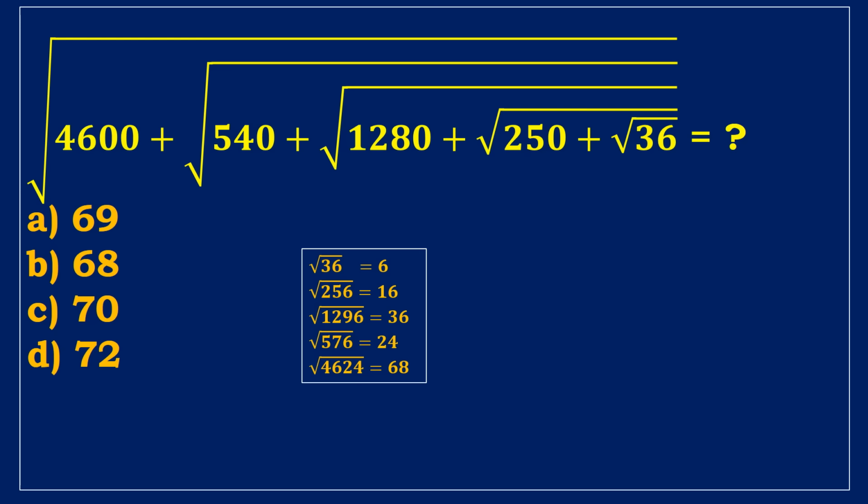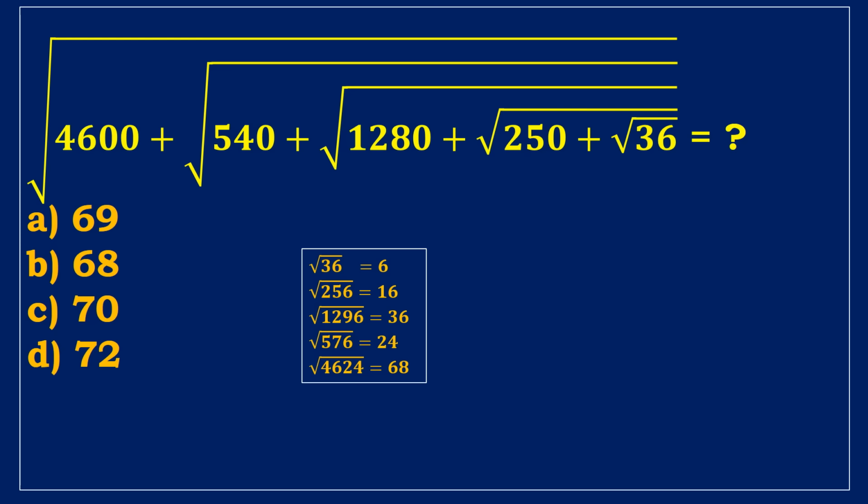The square root of 256 is 16. Then it is added to 1280, and the value becomes 1296. The square root of 1296 is 36. Then it is added to 540, and the value becomes 576.